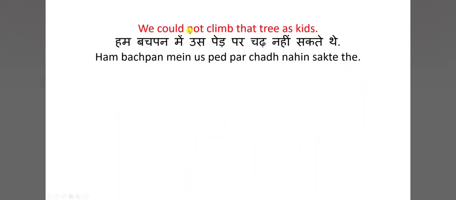Next, we could not climb that tree as kids. हम बचपन में उस पेड़ पर चढ़ नहीं सकते थे। हम is we, बचपन में means in childhood, but here this represents as kids. उस is that, पेड़ is tree, पर is on.